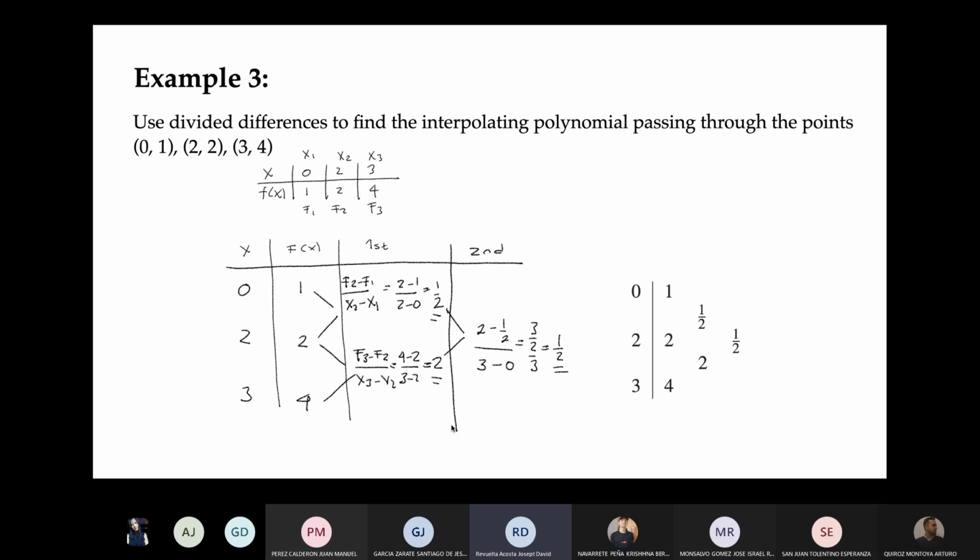First of all, by hand, it's very simple. Use divided differences to find the interpolating polynomial passing through the points (0, 1), (2, 2), and (3, 4). So manually, I just say this is 0, 2, 3, with 1, 2, 4 as the respective values.